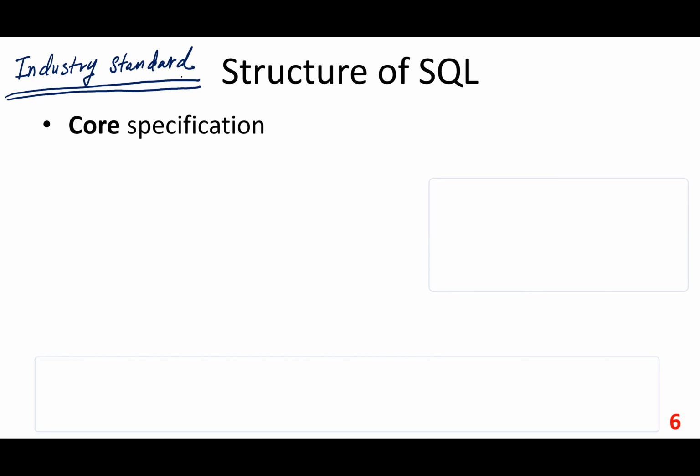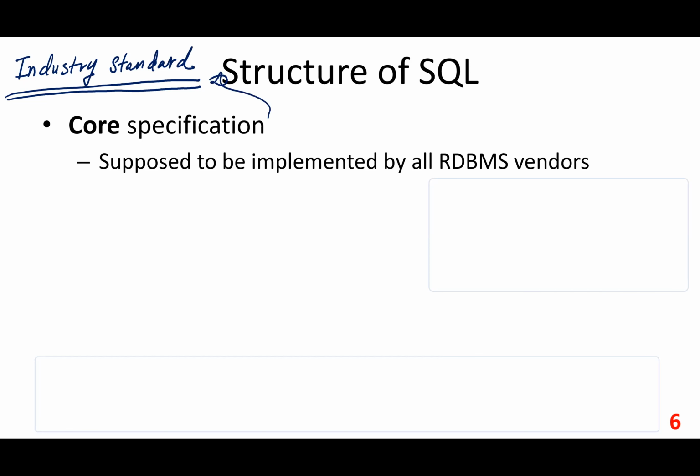All right. So first, we look at the core part. In SQL, you have the core part, the core specification. That part belongs to the standard. It is supposed to be implemented by all RDBMS vendors. And those vendors follow the core specification well. That part, no argument.